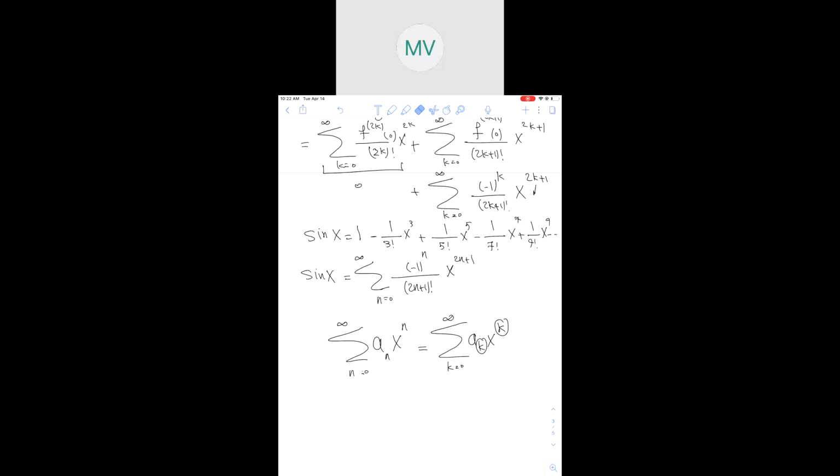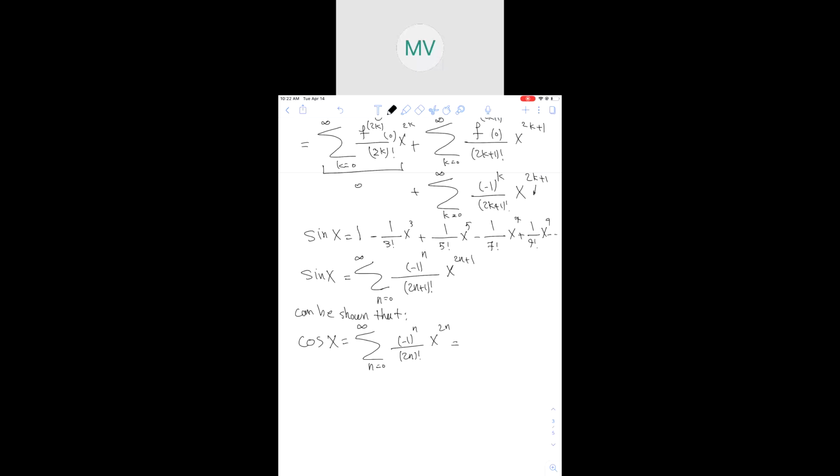So that's why you have all the even indices, okay? So let me write that down. So cosine of x can be shown that cosine of x is the summation n from 0 to infinity, negative 1 to the n over 2n factorial x to the 2n.